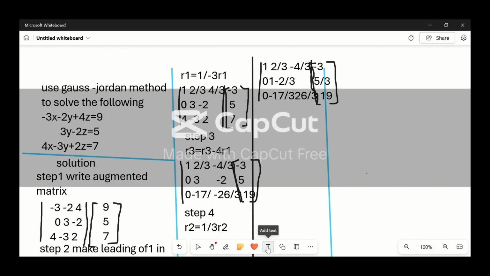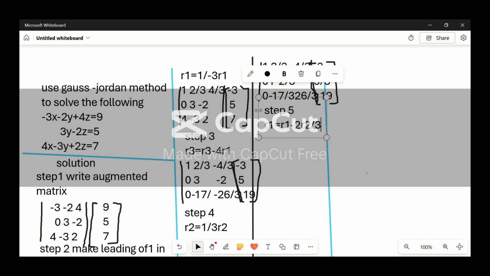Step 5 was just to eliminate the entries above and below the pivot in row 2. That's to say row 1 will be equal to row 1 again, then minus 2 row 2 out of 3.